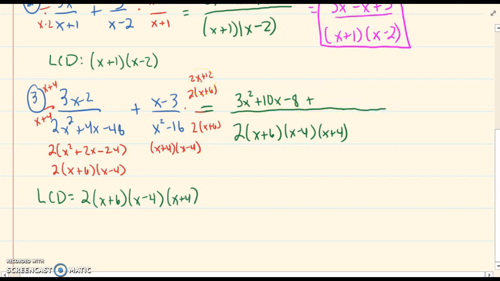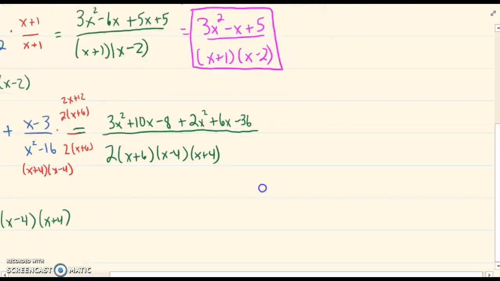And again, I'm going to use 2x plus 12 because it's going to be easier for me in the end. So 2x times x is 2x squared, sorry. Almost messed that one up. 2x times negative 3 is negative 6x. And 12 times x is 12x. So that's going to give me a plus 6x together, and then minus 36.